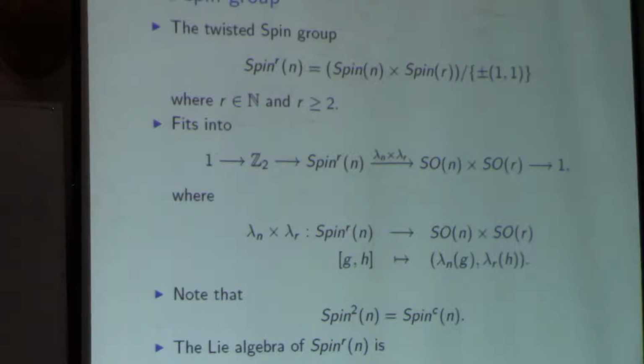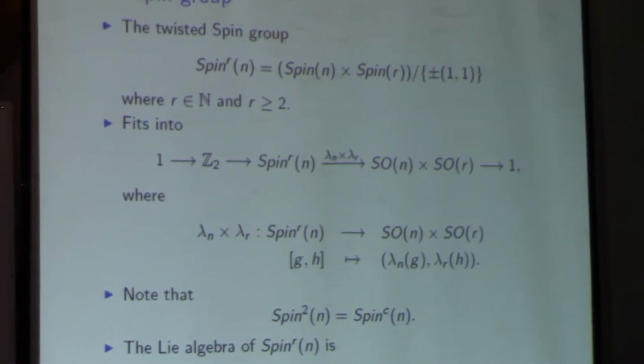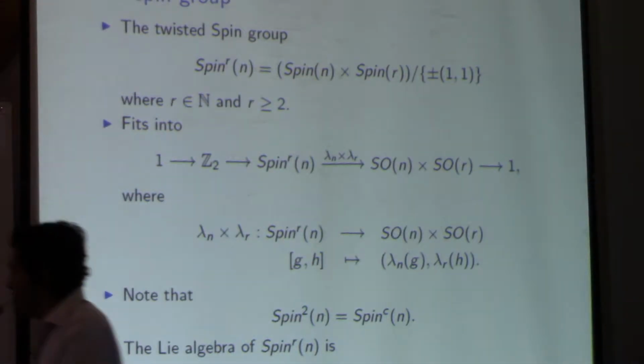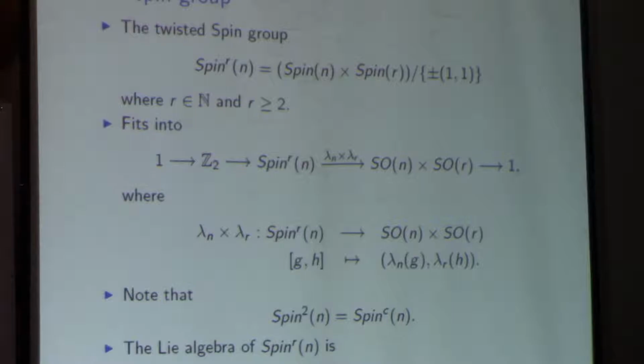Okay, so now let me, motivated by spin C, define this twisted spin group, in which I use not U1 or Sp1 as you would expect. I use spins, and that is motivated by the following.